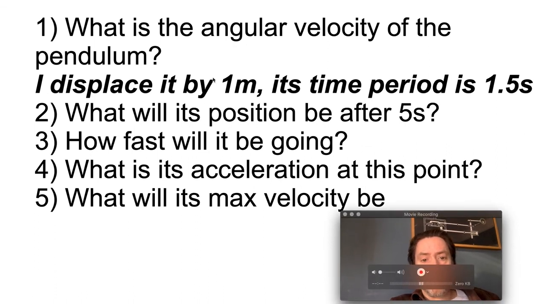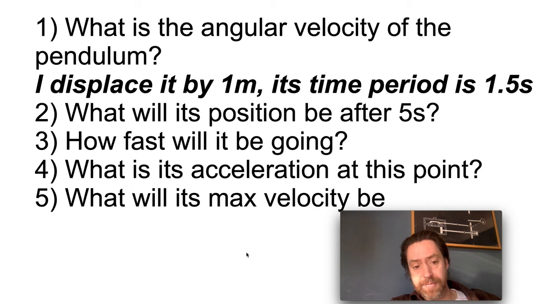I've displaced it by 1 meter, and its time period is 1.5 seconds. I want to know what the angular velocity of the pendulum is, what its position will be after 5 seconds, how fast it will be going, and the rest of the stuff that's written up here. That's the task I'm leaving you with. Over to you. I will see you in the next video.